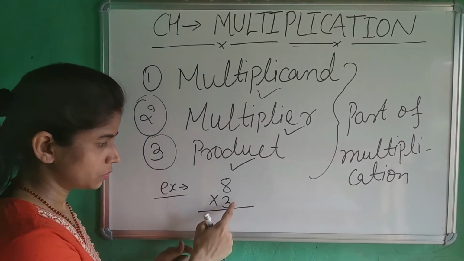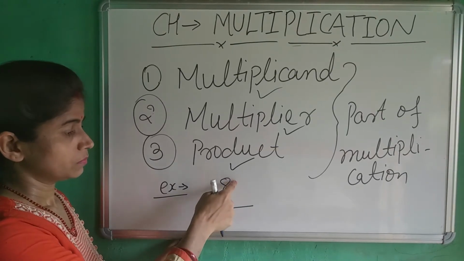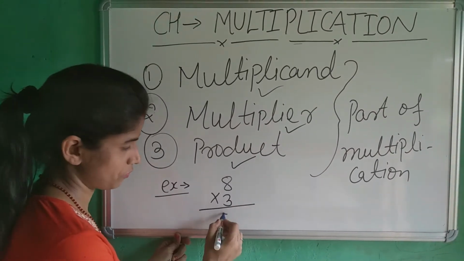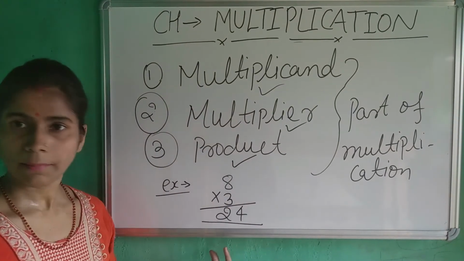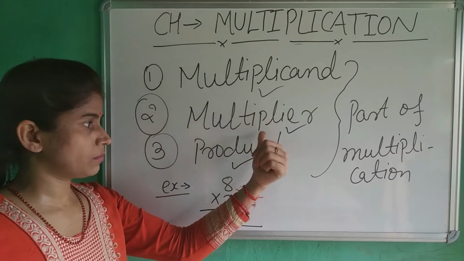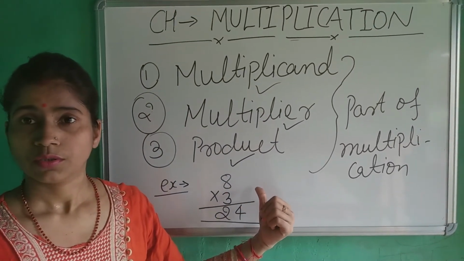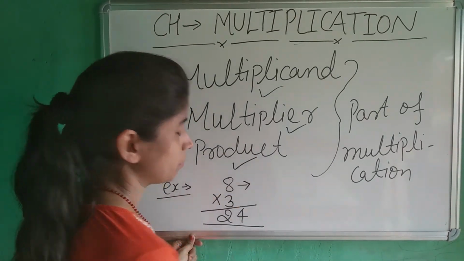So what will you do? Multiply using the table of 3, 8 times. 3 8s are 24. This is your answer. So in this example, which one is multiplicand, multiplier, product?